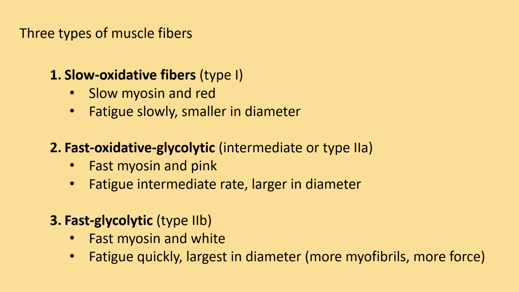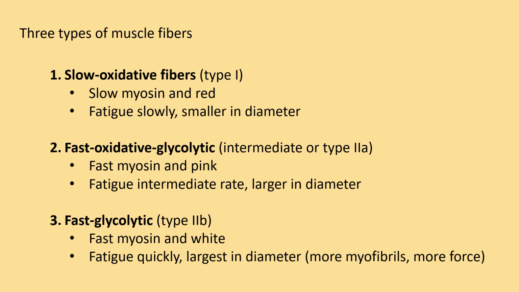So they have lots of myoglobin, they're well vascularized, lots of mitochondria, and they are darker in color. The slow oxidative fibers tend to be small in diameter. So they're not particularly strong, they're not the most powerful types of muscle cell, but they do fatigue really slowly. They can perform aerobic cellular respiration all day long.